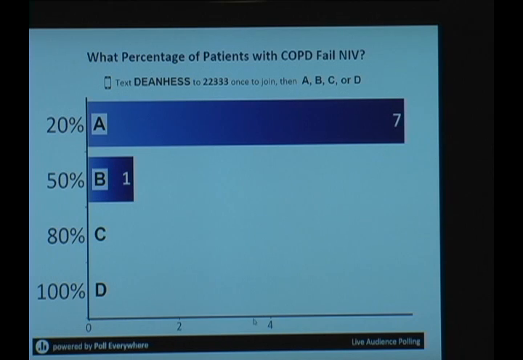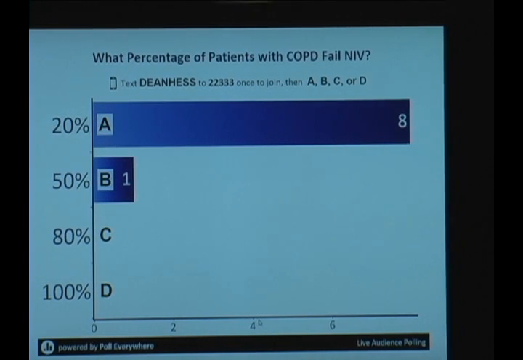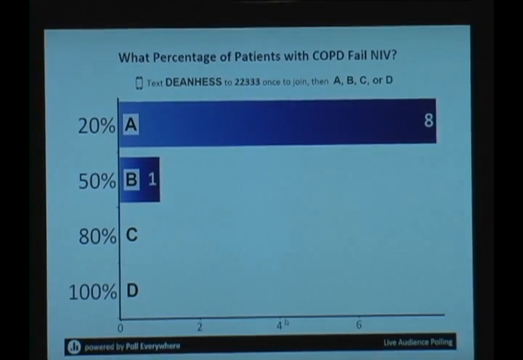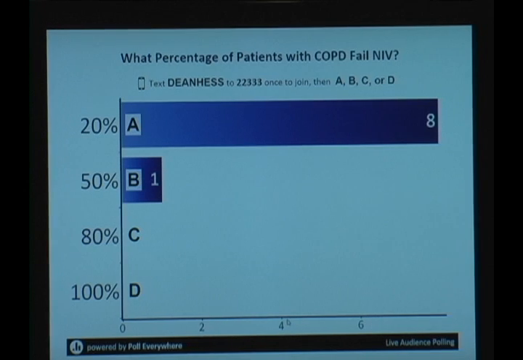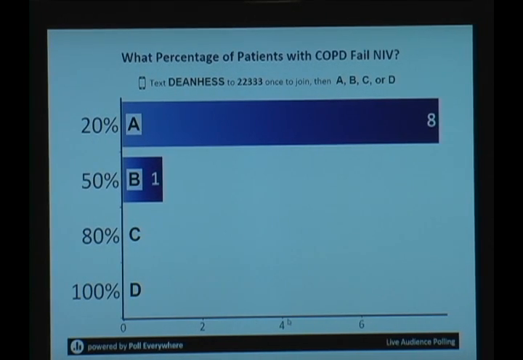So if you look at the studies that have been published on non-invasive ventilation for COPD exacerbation, not everybody we put on non-invasive ventilation, but specifically for COPD exacerbation, the failure rate is around 20%. The failure rate for everyday application, outside of studies, might actually be a little bit higher than that.